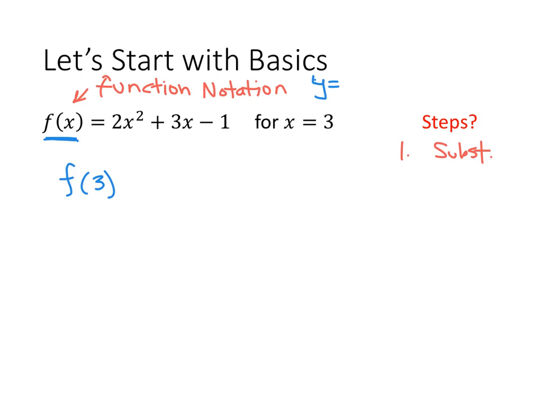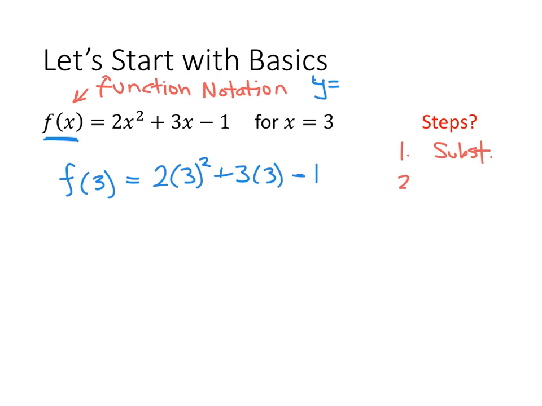Now when I say f of 3, what that means is the function evaluated at 3. So everywhere I see x, I'm going to put a 3. So this is 2 times 3 squared plus 3 times 3, and then subtract 1.